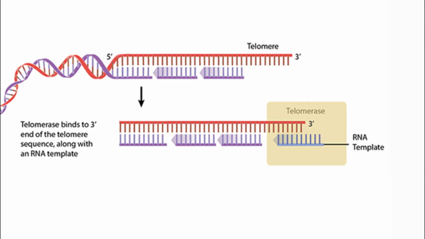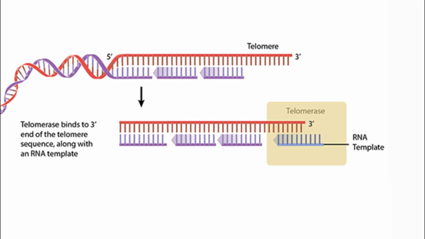Luckily, we've got a special kind of Bob the Builder whose name is telomerase. Telomerase is an enzyme that is specific to the telomeric region on the chromosome. It has a sequence of letters that are complementary to the repeating bases on the telomere.